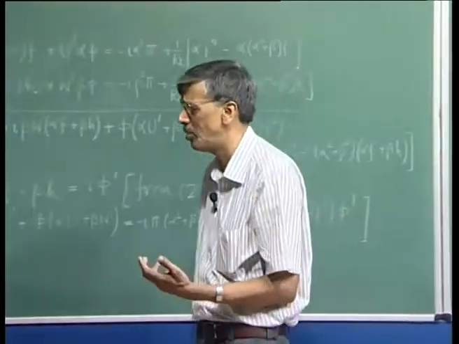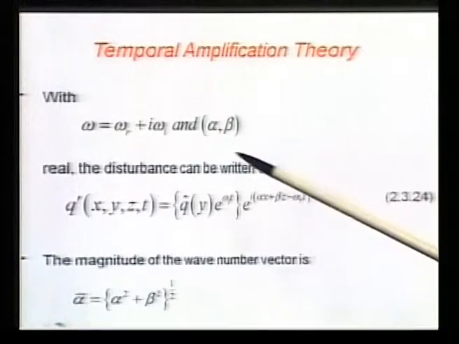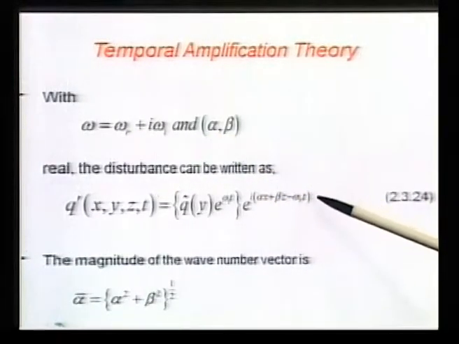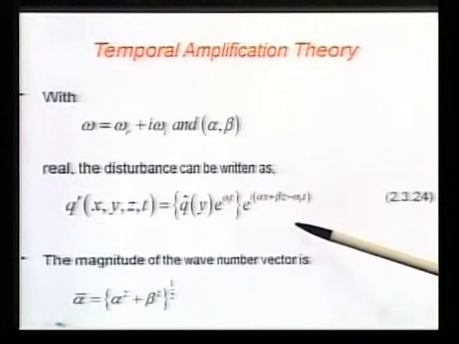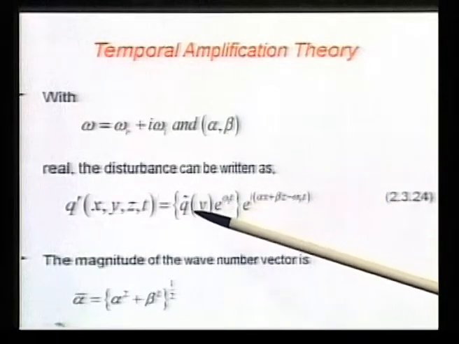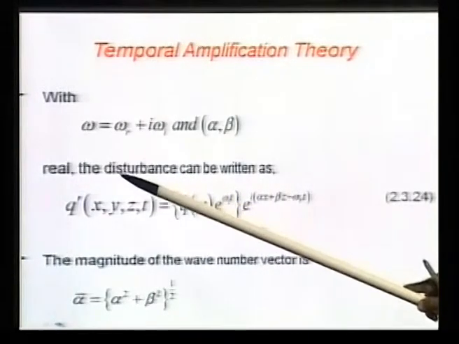That is what we want to do. That is easily perceived if I substitute omega as omega r plus i omega i. So, the omega r part remains in the phase part, and the omega i part I could put along with the amplitude of the disturbance quantity, right.